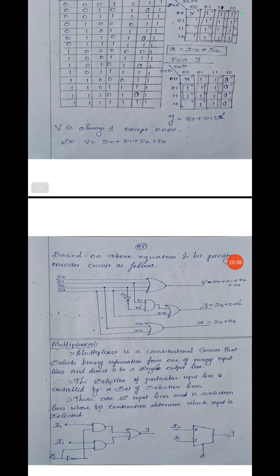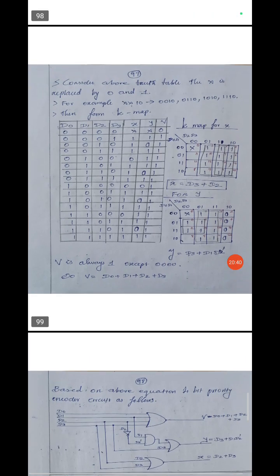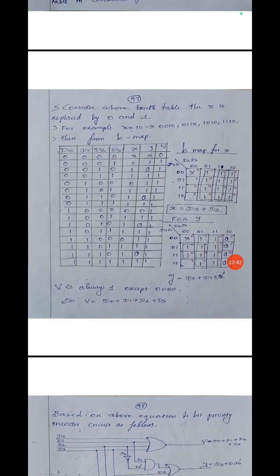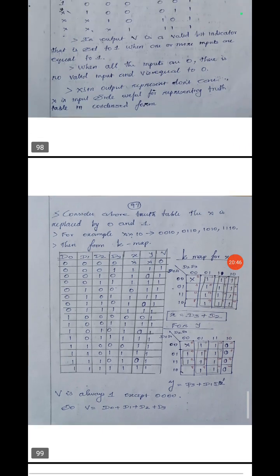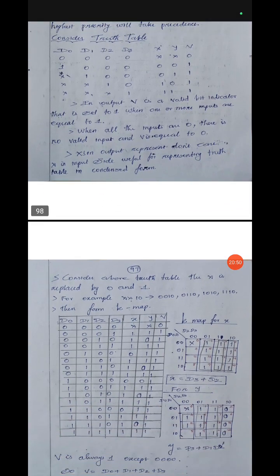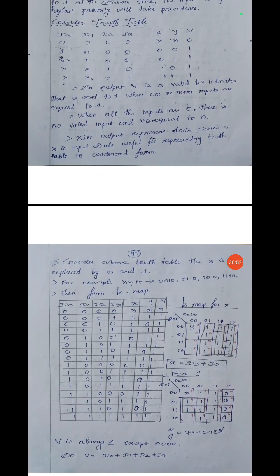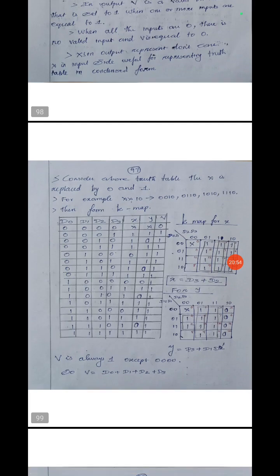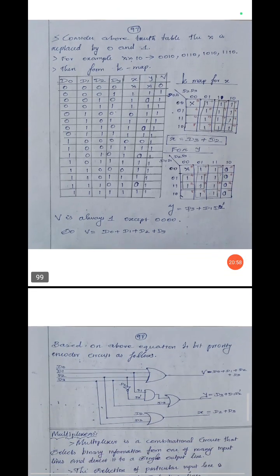So this is one implementation, 4-bit parity encoder by using the K-map. Okay. So D1, D2, D3 are inputs. Actually, this is the original truth table. This is an extended truth table made from this truth table. Okay. Then XY is the output. V is the enable. Okay.